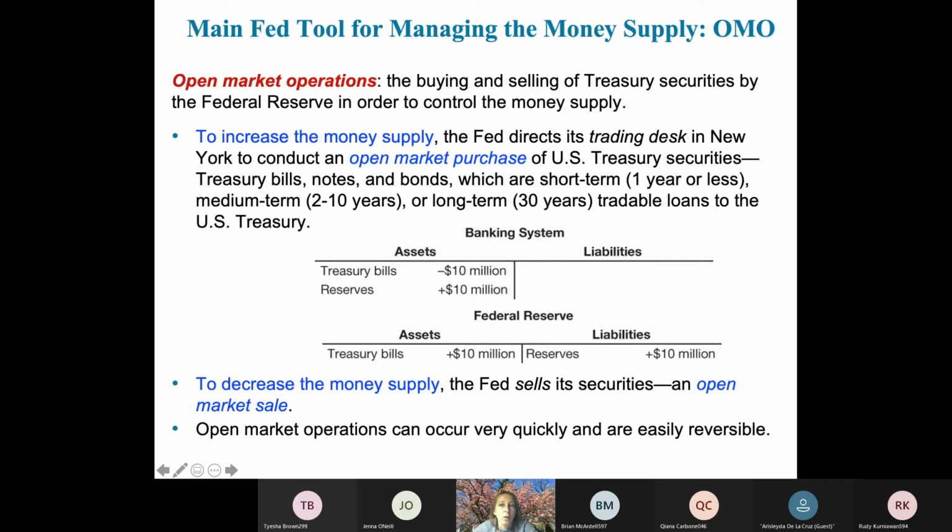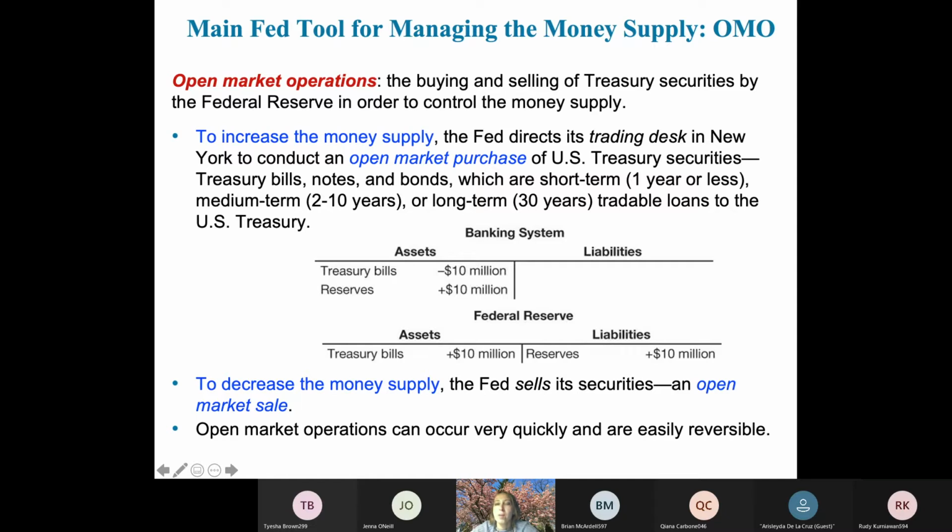So what it means, operations is not a surgery in this case. It is just buying and selling of treasury bonds by the Federal Reserve in order to control money supply.